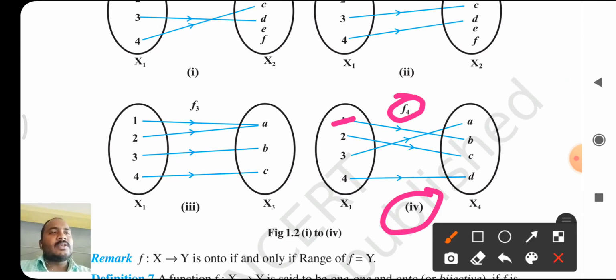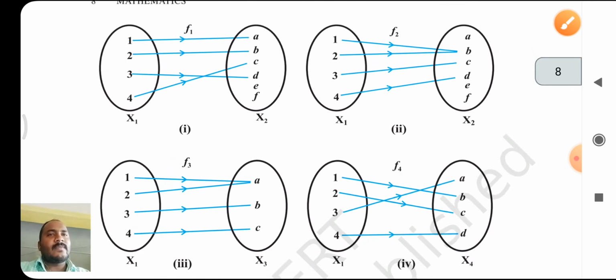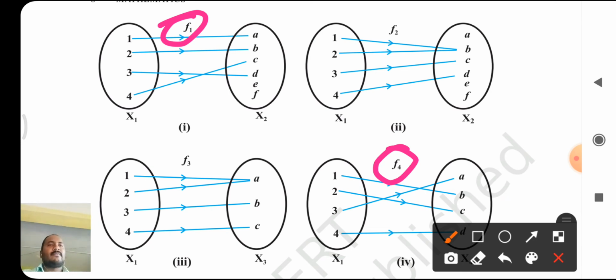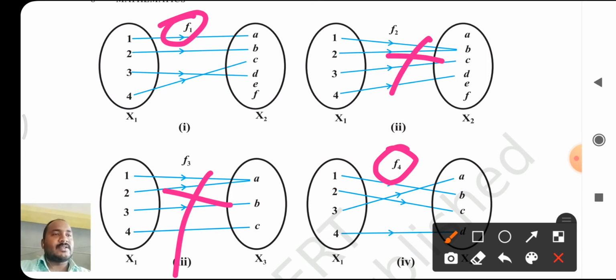1 is associated with B, 2 is associated with C, 3 is associated with A and 4 is associated with D. Here the images of distinct elements of X under f are distinct, because of this f1 and f4 are 1-1 functions and the remaining f2 and f3 are not 1-1 functions.